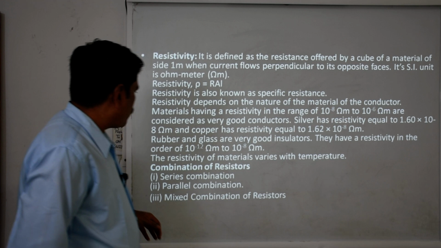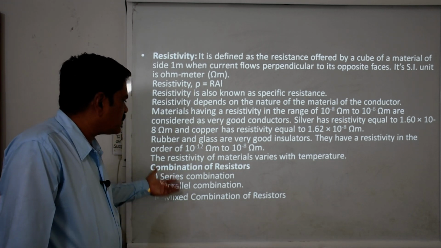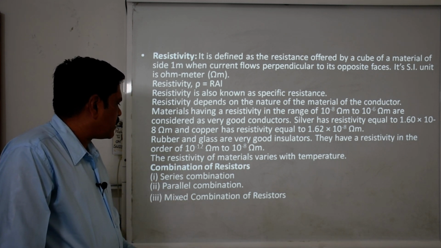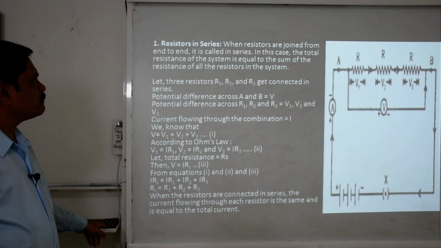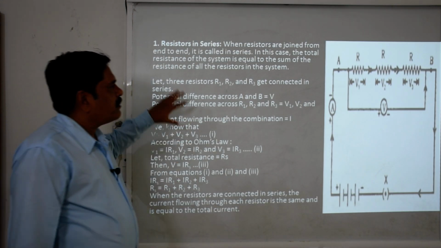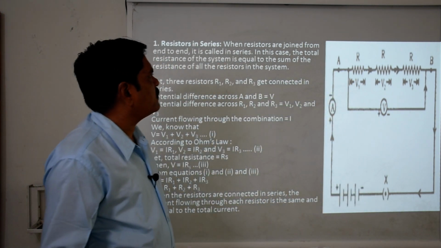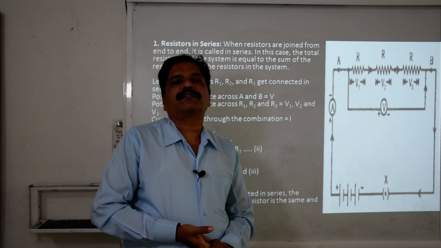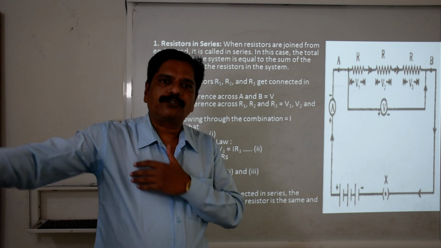Now we are moving to the combination of resistors. There are three types of combination: the series combination, the parallel combination, and the mixed combination of resistors. When we talk about resistance in series, the resistors are arranged end to end.